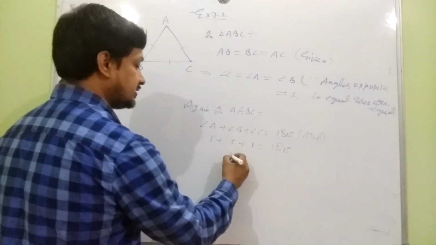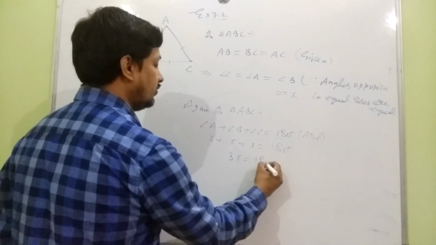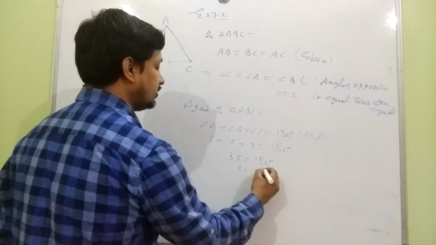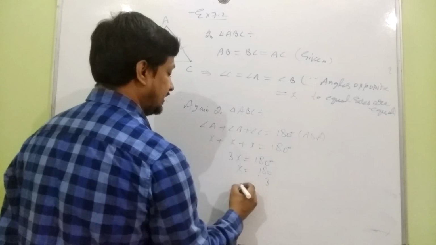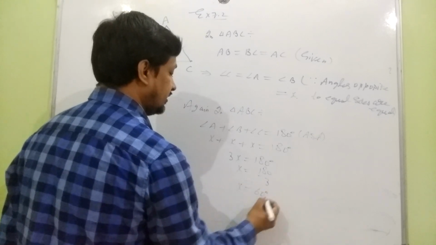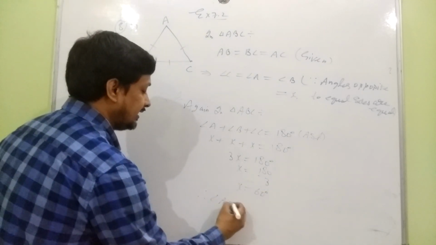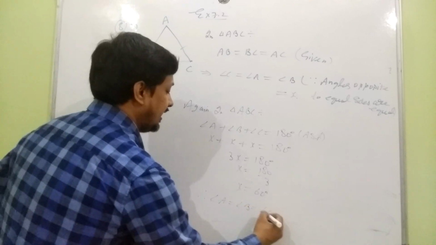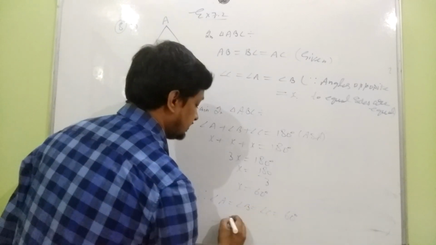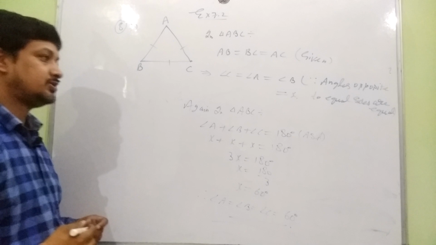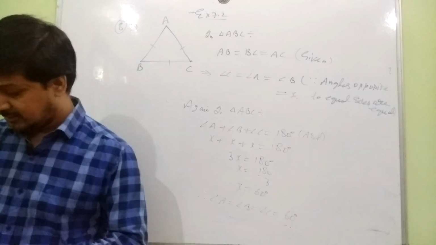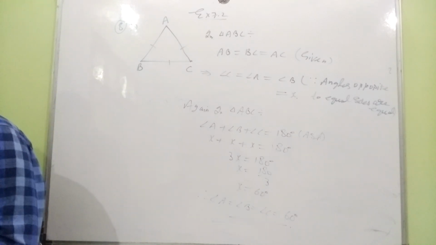So x plus x plus x, 3x equal to 180 degrees. So x equal to 180 upon 3, that is x equal to 60 degree. So we can say angle A, angle B and angle C all are of 60 degree. So you can just note down this. So this is the easy question.